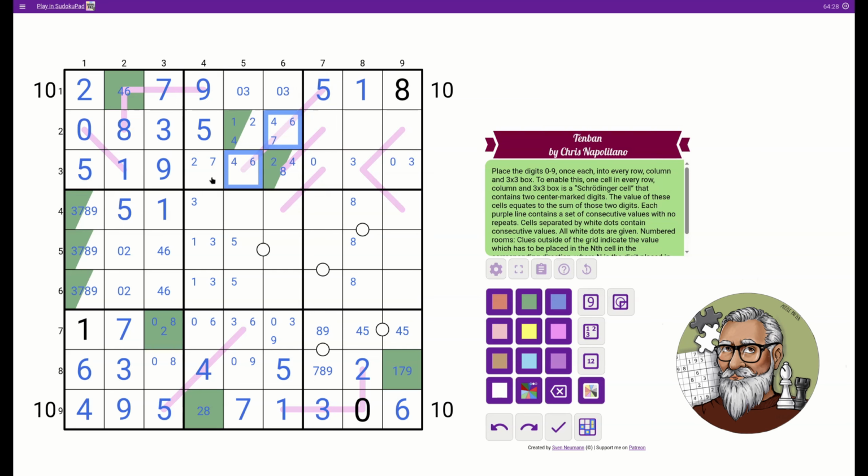4-5-6 or 5-6-7. If it's 5-6-7, then that's a 2. This can't be 8 anymore. So it has to be 8-4, and this is just a 1.